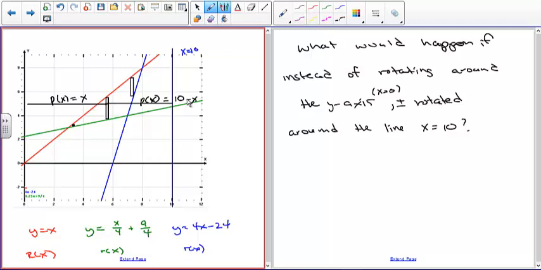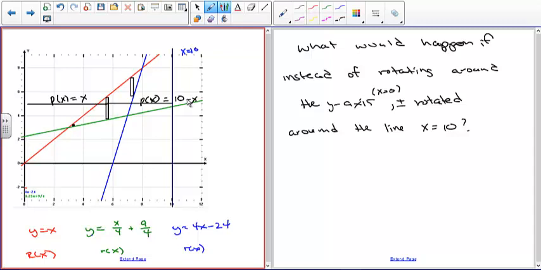If I rotated around a line x equals 15, p of x would be 15 minus x. Now you can't rotate around a line in the middle of the area, because then you have to do something different. But if it's outside of the area of interest, which it always will be for problems that I give you, it's always just going to be that x value minus x.